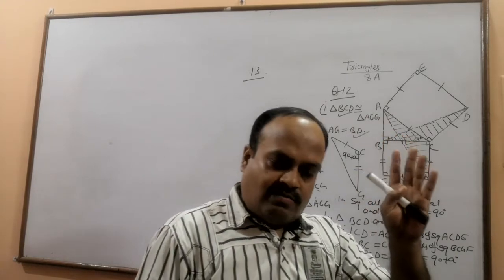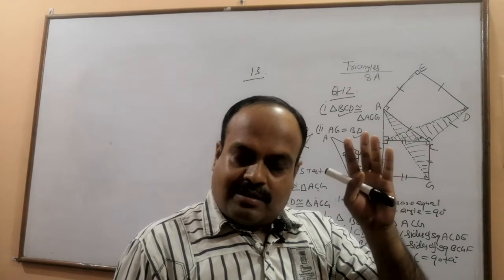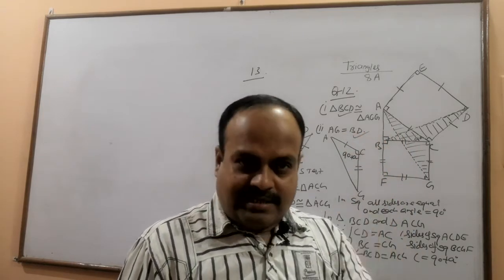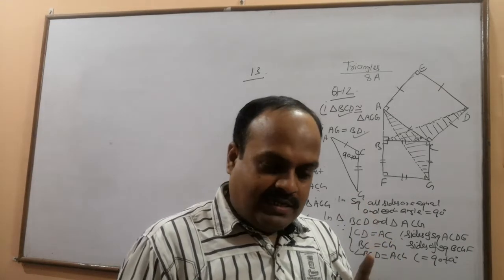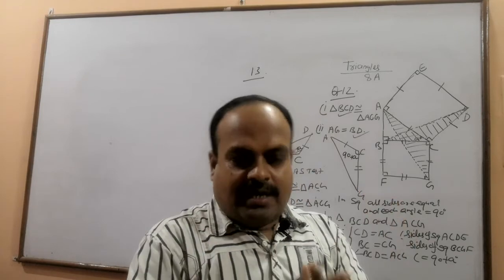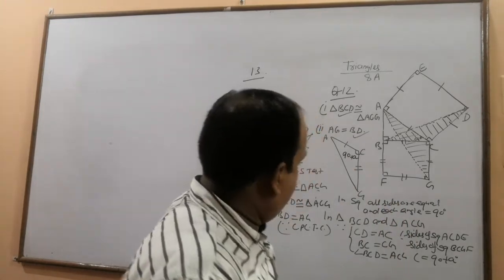So forget what the lower class teachers suggested you. What I suggest in mathematics, listen and follow, you will get good marks in the board exam, semester 2 board exam. Come here.